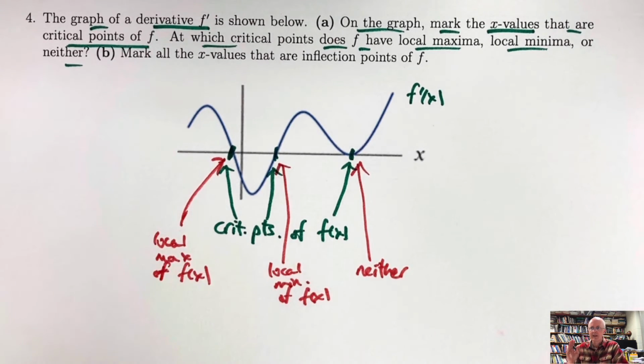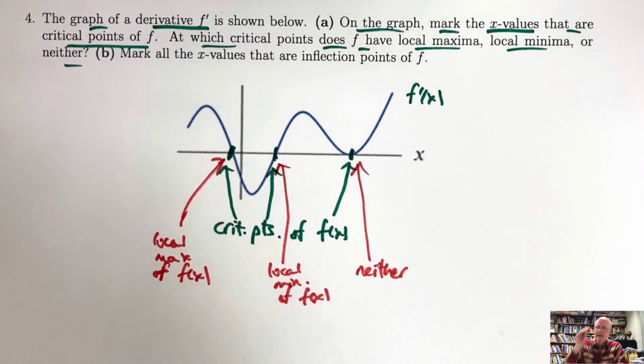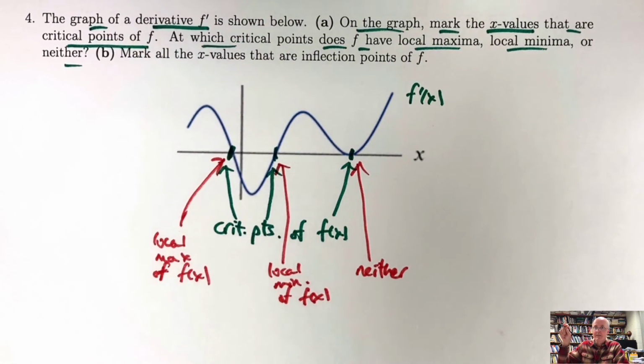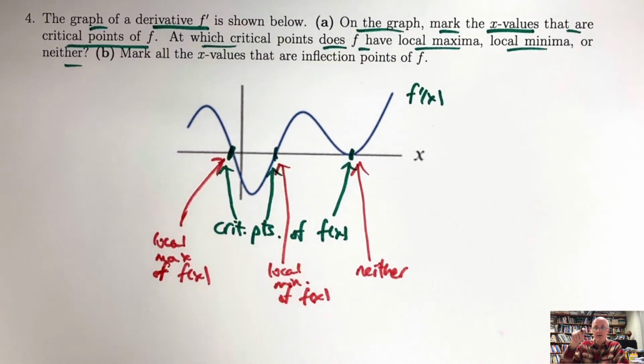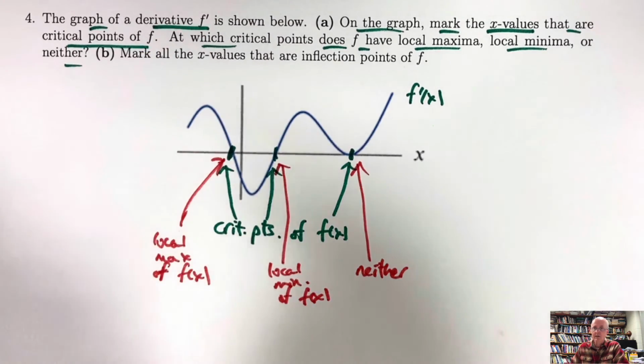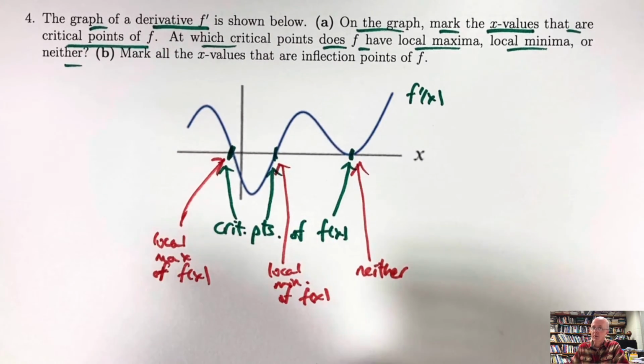Like if the graph of f looks like this, concave down, then concave up, the slope is decreasing before increasing again. The graph of f prime is going down before going up again. You have a minimum. The extreme points of f prime correspond to inflection points of f.